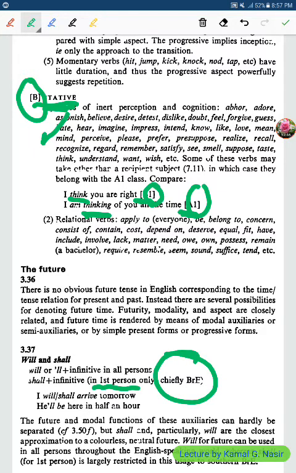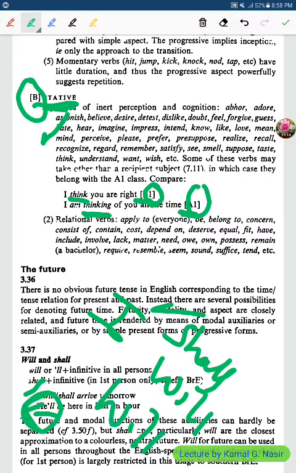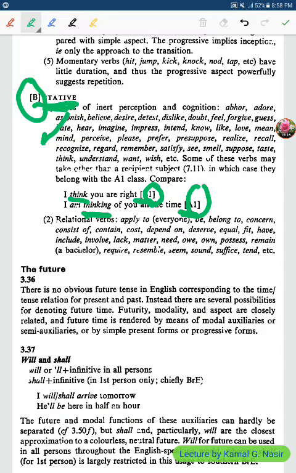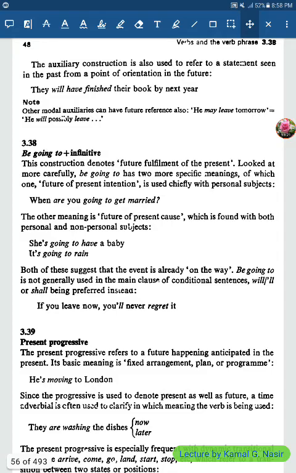So you say I will or shall arrive tomorrow. But you do not say he shall; you say he will be here in half an hour. With I, both shall and will are acceptable, but the preferable is shall. With he, she, it, we use will only. This is to give the meaning of future.